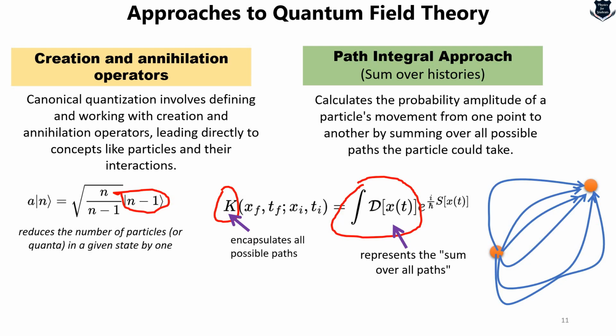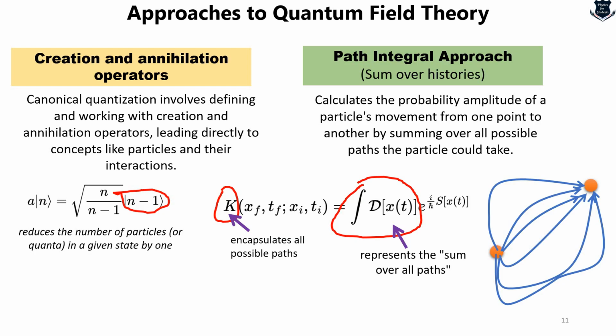So from here, what we get very importantly is that the propagator K, although we will deal with the path integral approach later as it's just an introductory video, represents the probability amplitude for a particle to go from an initial position xi at time ti to a final position xf at time tf. That means the final x position and the final t.